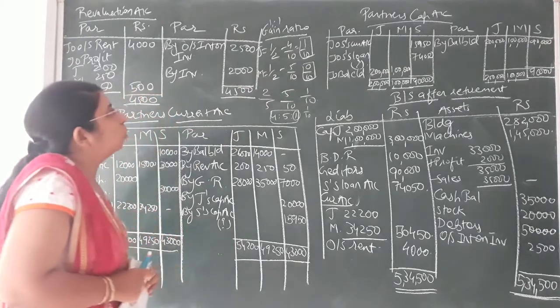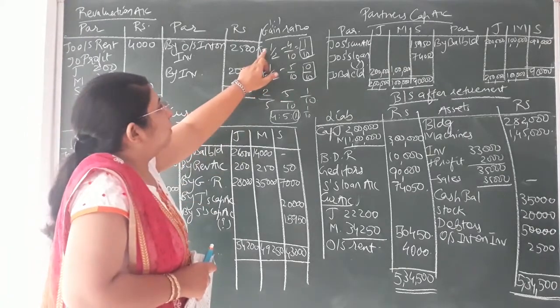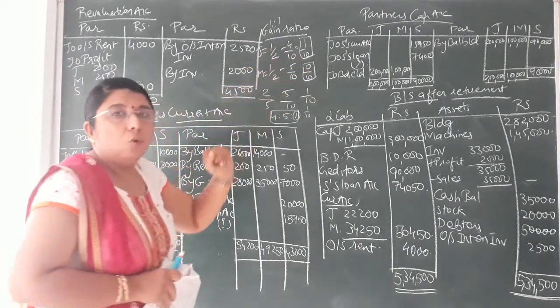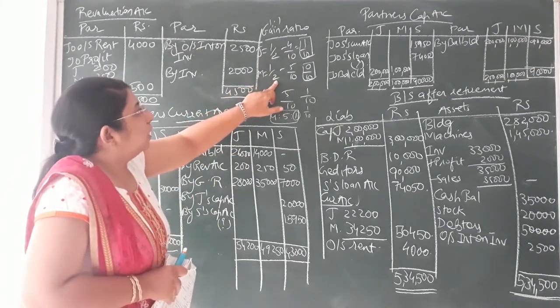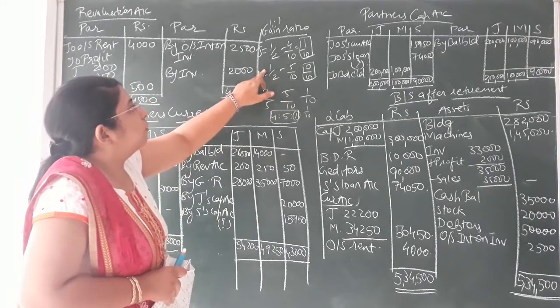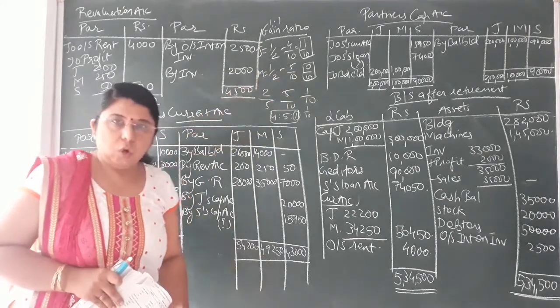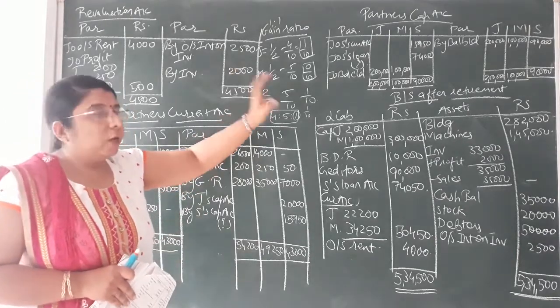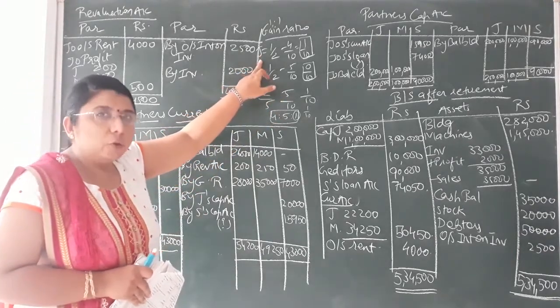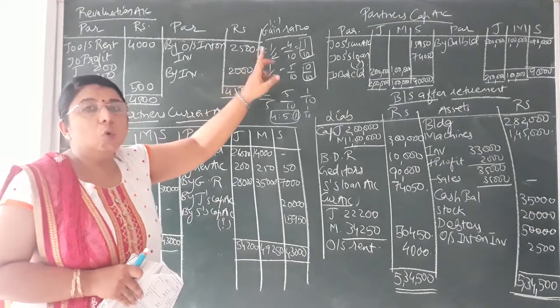Taking the LCM, that would be 10. So 2 fives are 10, 5 minus 4 would come to 1 by 10. In the same way for Mamta, again take LCM 10. So 2 fives are 10, 5 minus 5 would come to 0. So there is no gain and no sacrifice in the case of Mamta. So the entire share of goodwill of Smruti will be available to Jaya only.